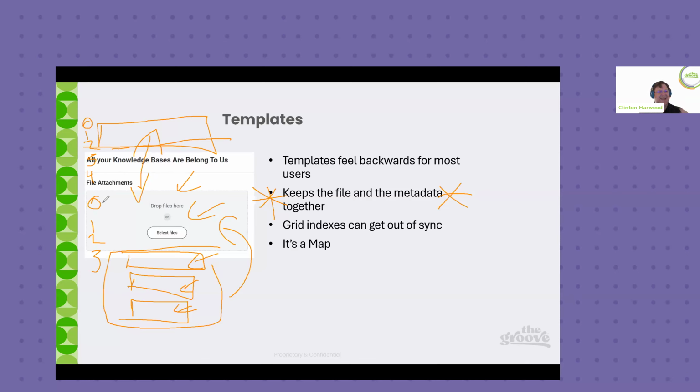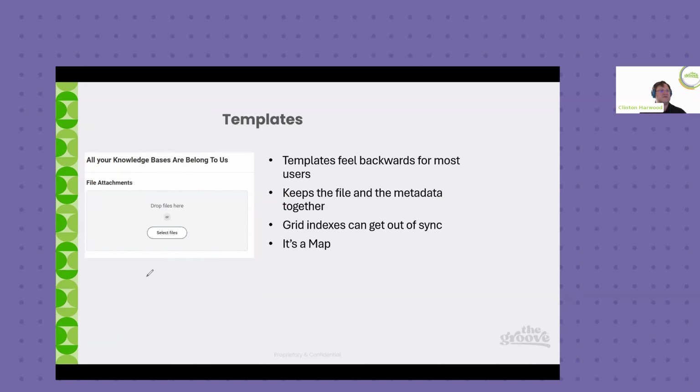However, the indexing would be 0, 1, 3, 4. And when you try to match those indexes up to the file attachments, those indexes are going to become very problematic. It makes things incredibly difficult. And if it's at all possible to avoid, please do avoid it. Keep your file and your metadata together in the same widget. It'll make your life so much easier.